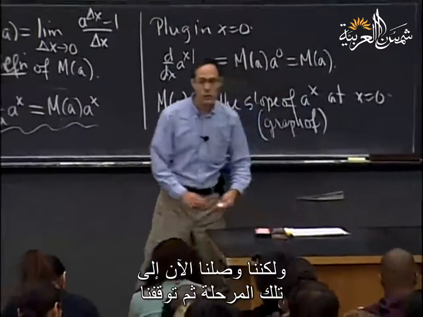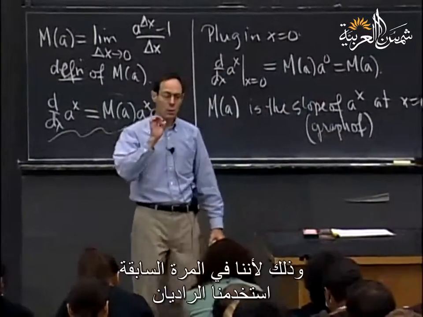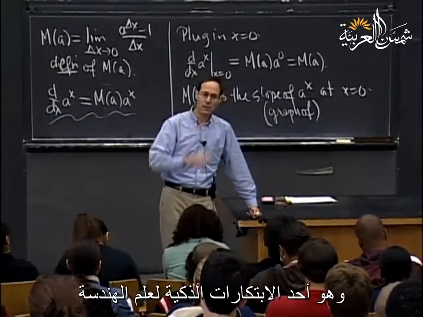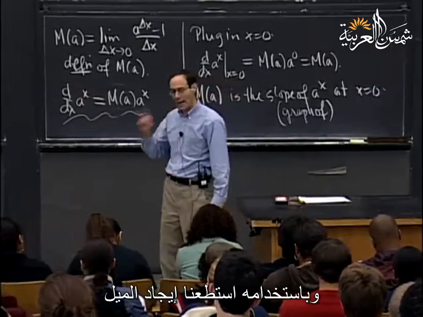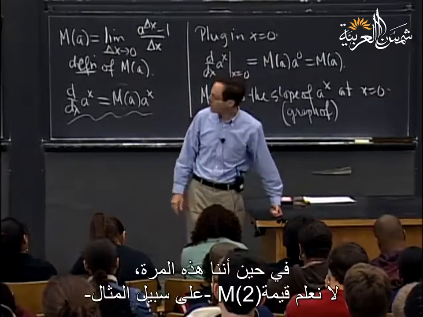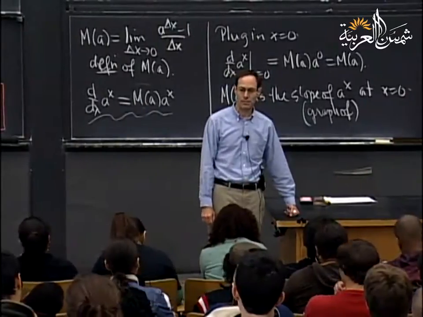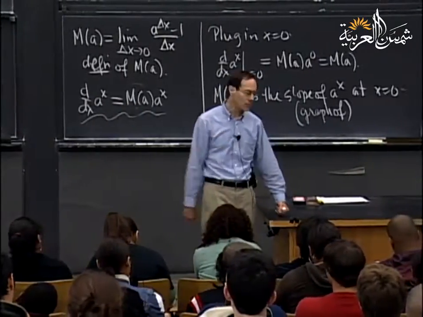But at this point, we're stuck. We're stuck because that time, using radians, this very clever idea of radians in geometry, we were able to actually figure out what the slope is, whereas here we're not so sure what m of 2 is, for instance. We just don't know yet.